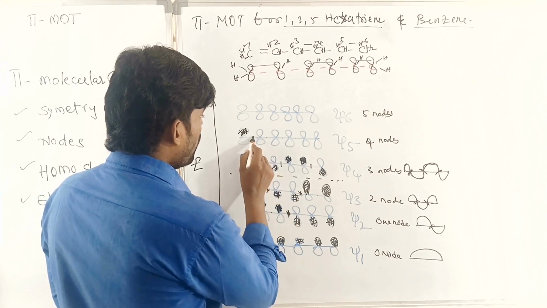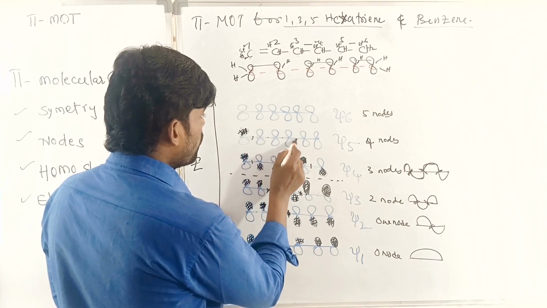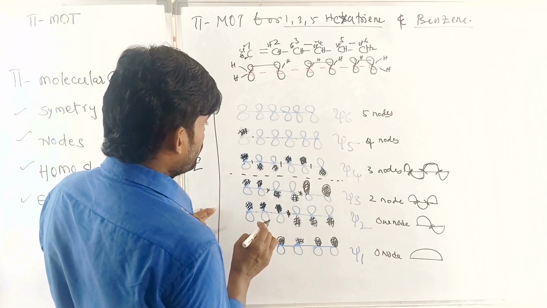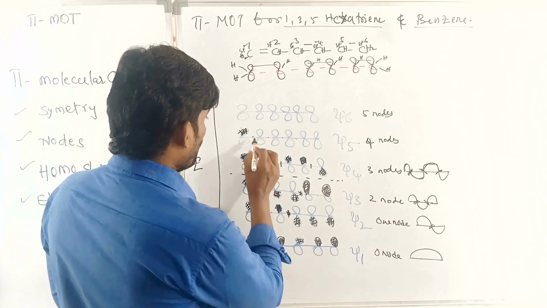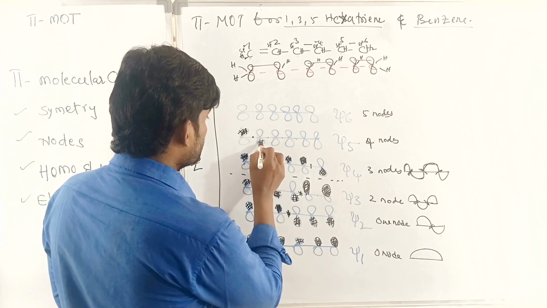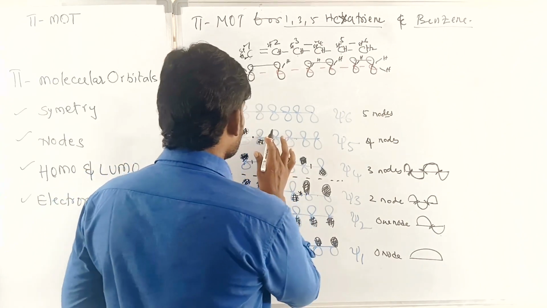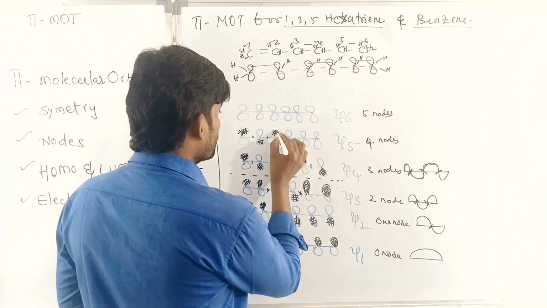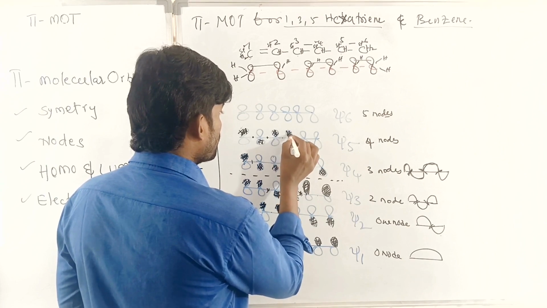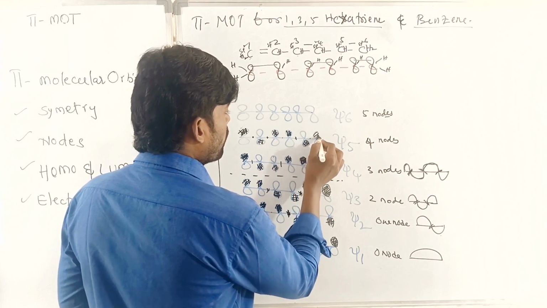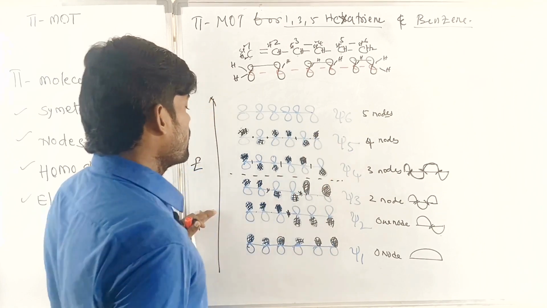No. 1, 2, 3, 4 also no. Let me give the nodes now. 1, yes, 1, 2, 3 and 4. Super. Check.